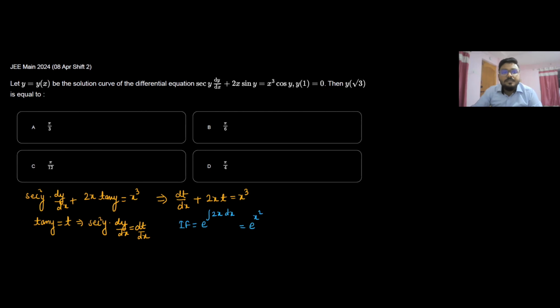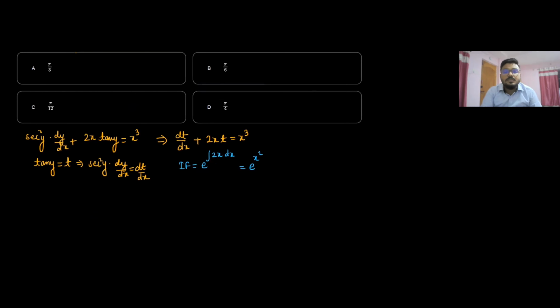So now I can write the solution as t into e power x square equal to the integral of x cube into e power x square dx. So t was tan y, so this is tan y into e power x square equal to. Now integrating the right hand side, we can assume x square as u.